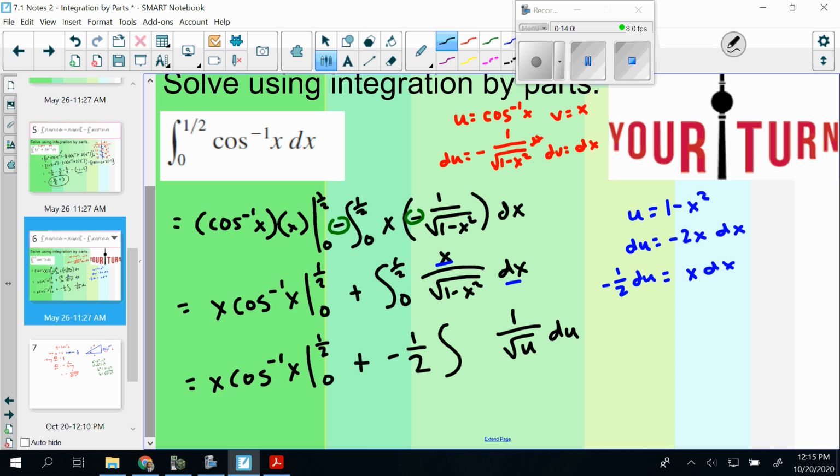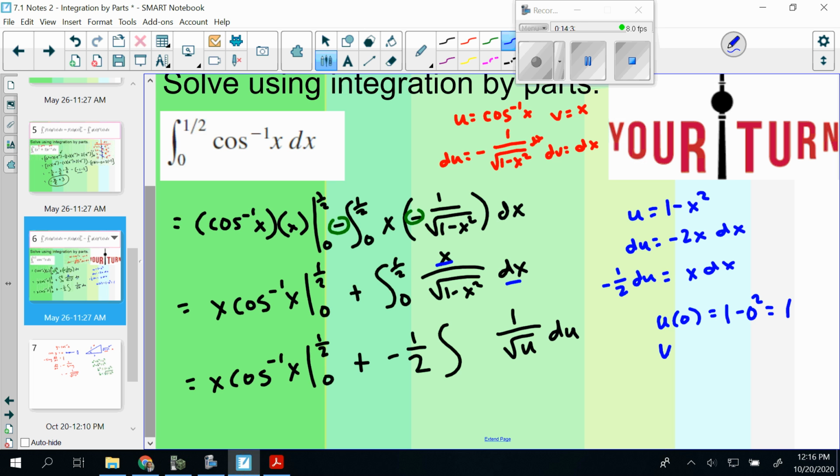All right, and then when we're doing this here, we've changed our integral, so we should also change our limits on that. So if we go back and figure that out, u at 0, that's going to turn into 1.